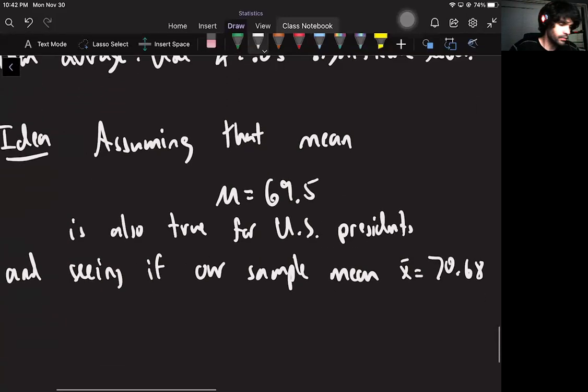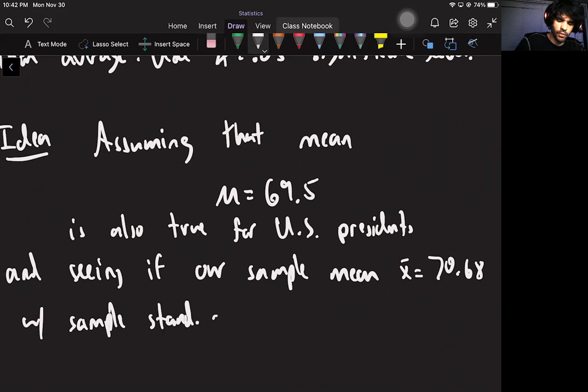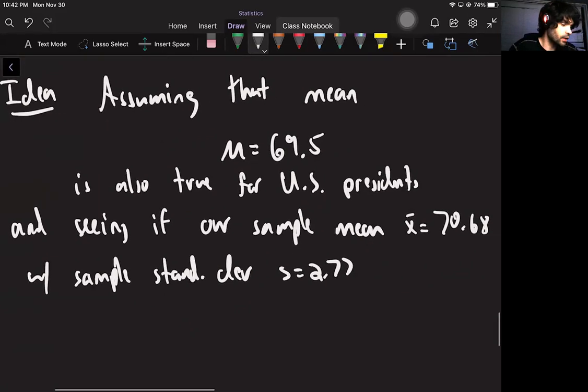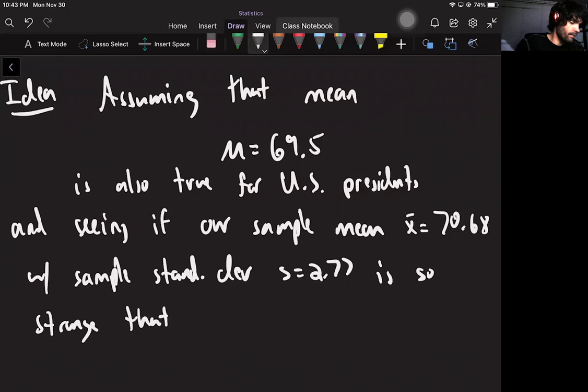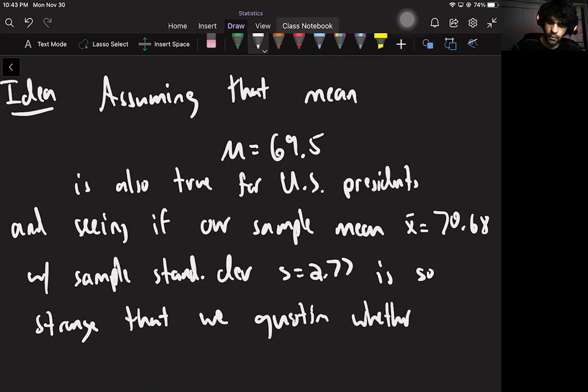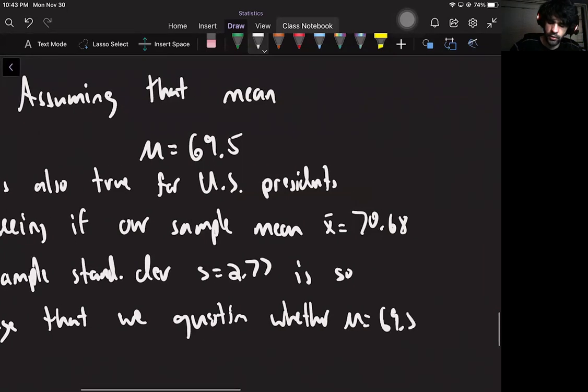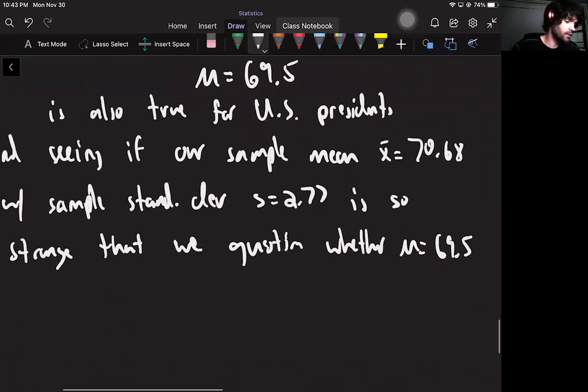We're seeing if our sample mean, which also comes with a sample standard deviation, which again, they're giving it to us ahead of time, thankfully, we're seeing if this is so strange, meaning something mathy, which comes in later, that we question whether the 69.5 could possibly be the mean for presidents.